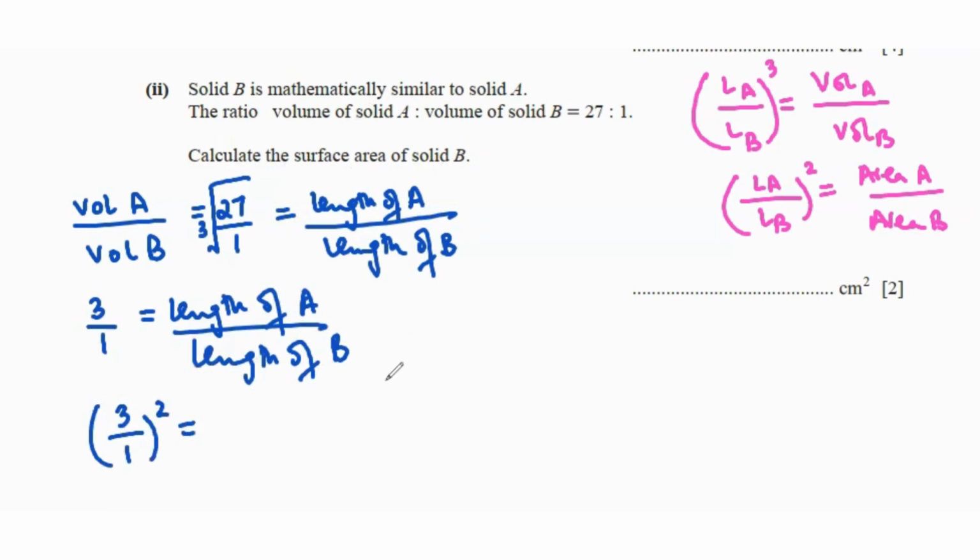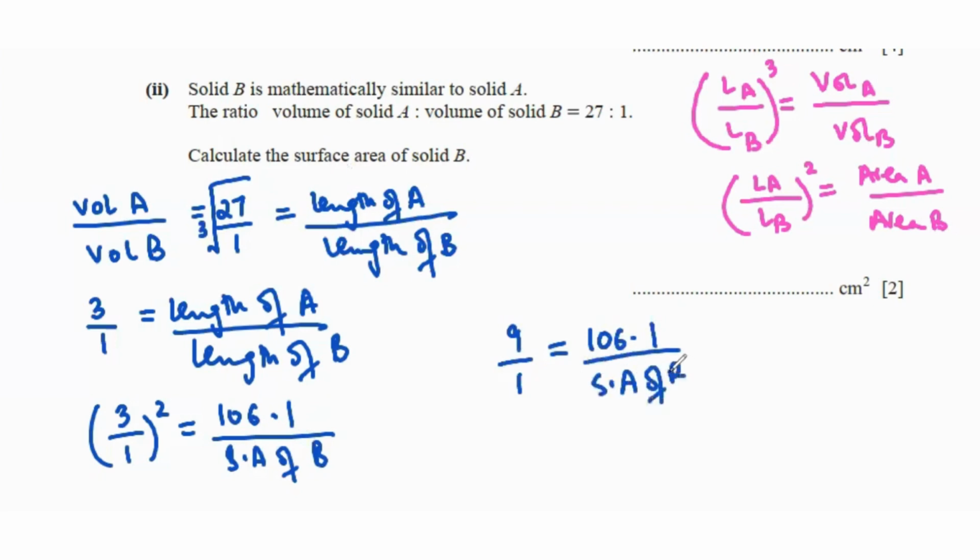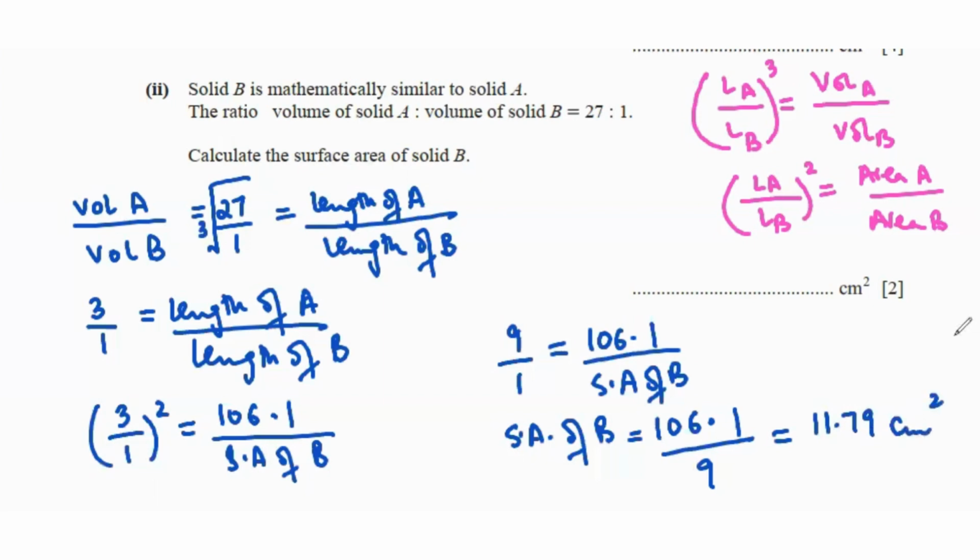We just found the surface area of A, which was 106.1, over surface area of B. So that's going to be 9/1 equals 106.1 over surface area of B. Surface area of B is going to equal 106.1 over 9, and that is going to give us 11.79 centimeter square.